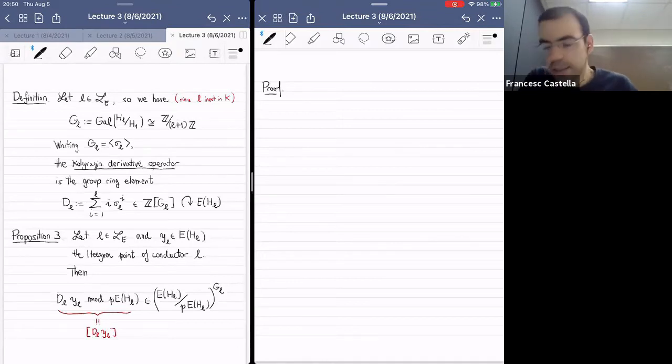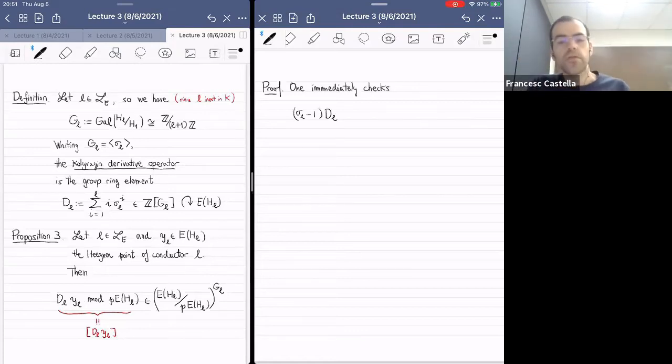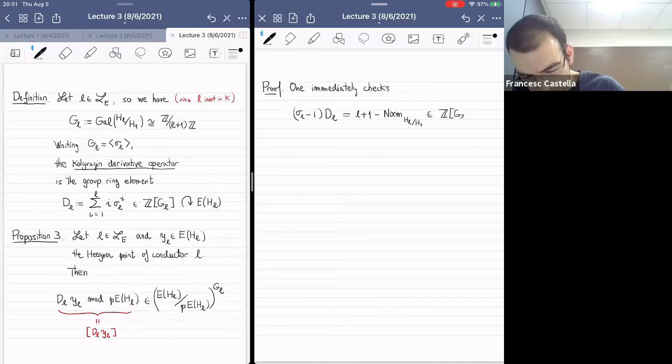So one easily checks the following relation: if you take sigma_L, our generator, minus 1, and multiply that with D_L, you get L plus 1 minus the norm from H_L down to H_1. This equality takes place in the group ring, where this norm is the element in the group ring that, applied to elements, takes the norm.